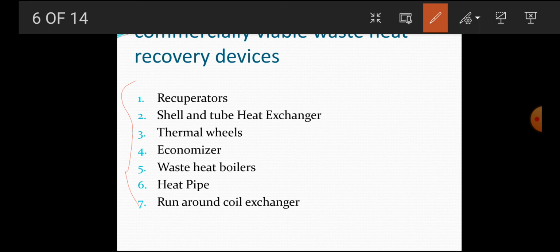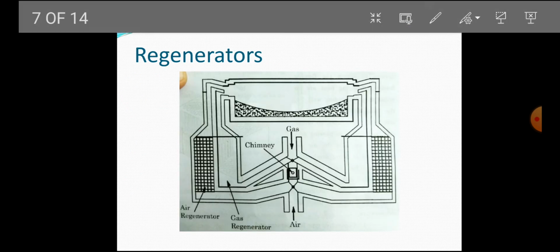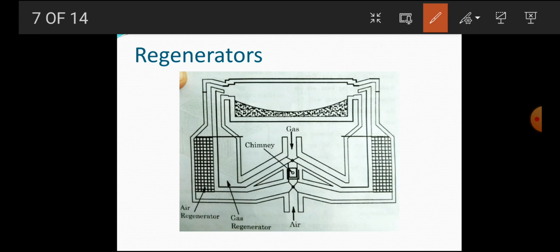Let's start with the regenerator first. Regenerators are a kind of heat exchanger in which hot and cold fluid pass alternately through a space containing solid particles.